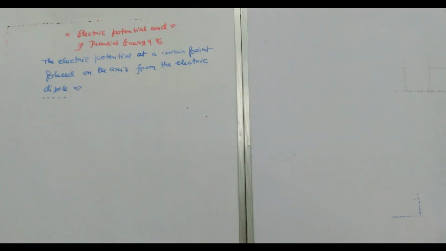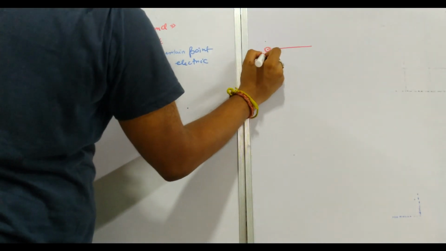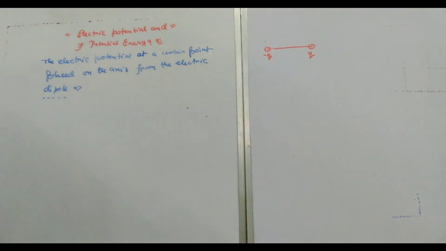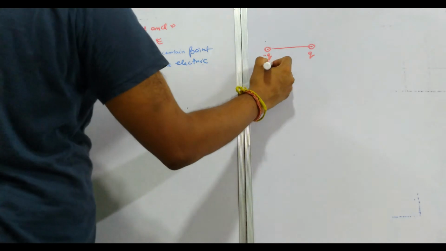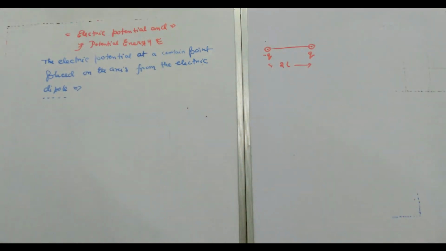Now, it is a very interesting topic that is going to be discussed right now. We are now interested to find out the electric potential at a certain point on the axis of an electric dipole. Basically, this looks like this, where a dipole is nothing but a system made by two equal amount but opposite charges, that is minus Q and plus Q, and we have imagined the 2 point charges are placed at a distance of 2L.